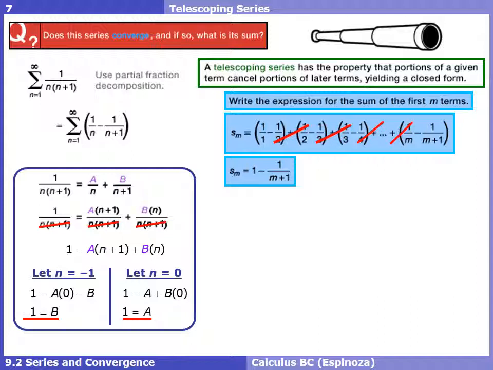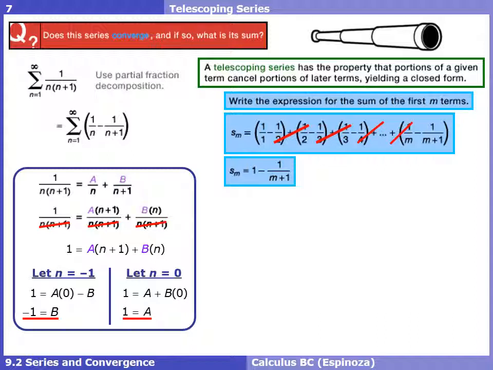And this is why we call this kind of series a telescoping series. It condenses down to just two easy little things. All of those in-between terms end up canceling out, and that's why it's called a telescoping series.